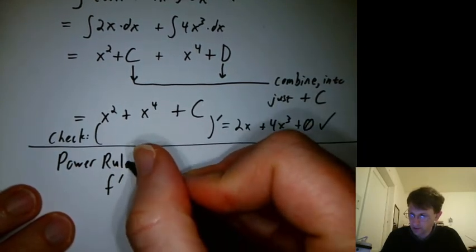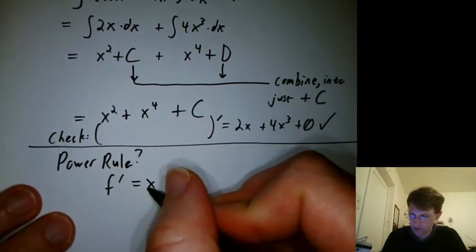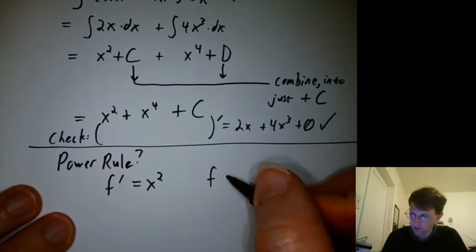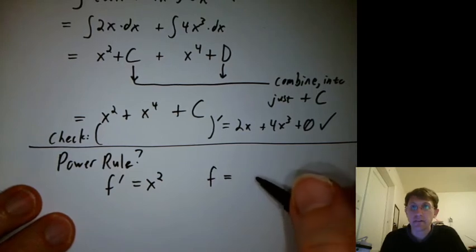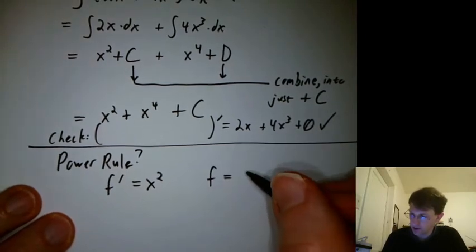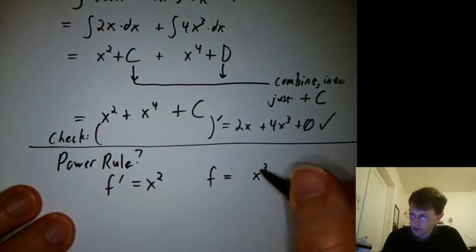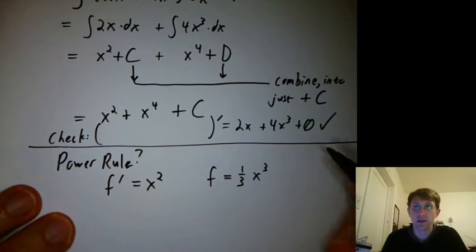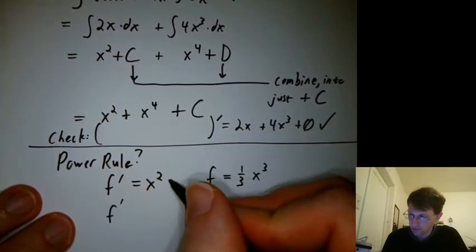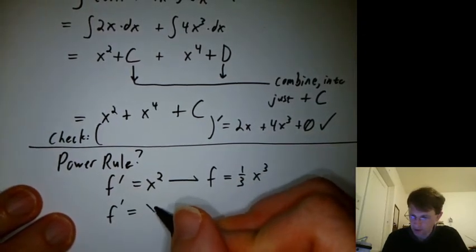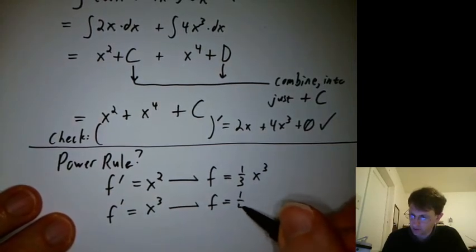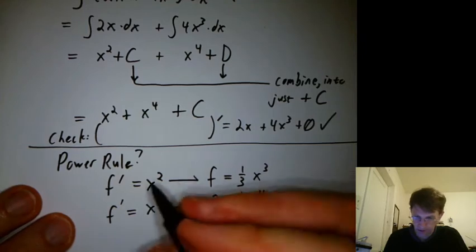So if f prime is equal to x squared, what is f? What's the antiderivative of x squared? Well, it should have an x cubed, but then we don't want to get a 3 in front when we take the derivative, so we put a 1/3 here, right? If f prime is x cubed, what's the original f? 1/4 x to the fourth.